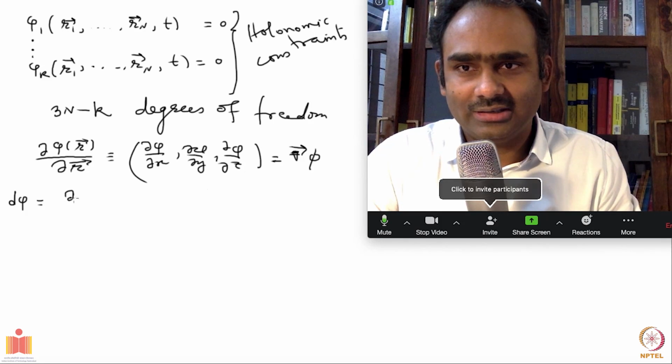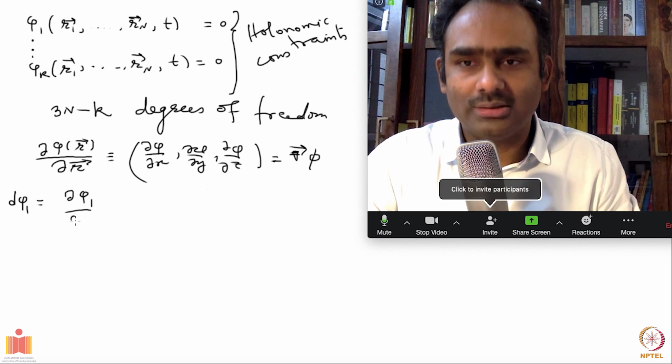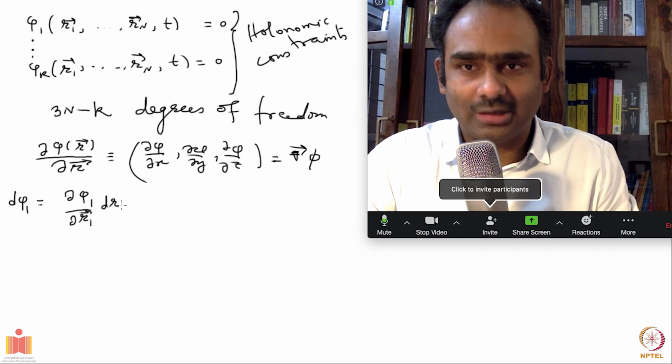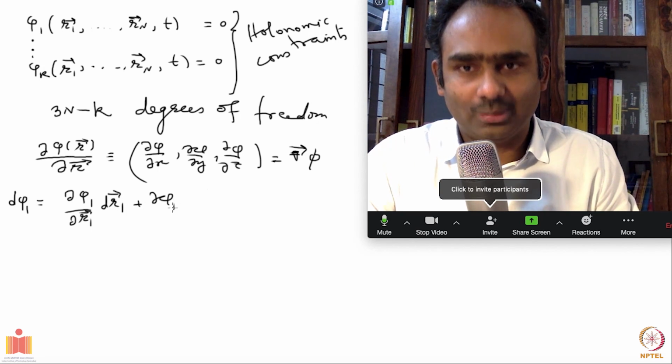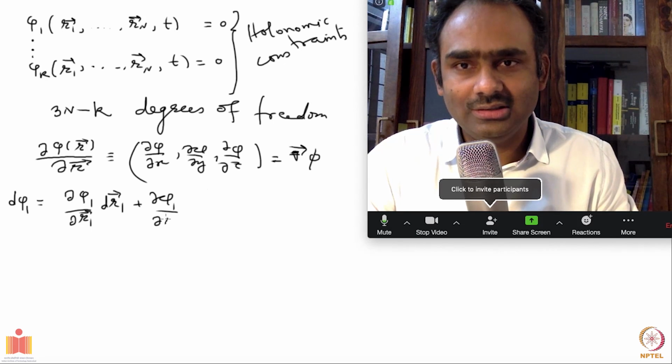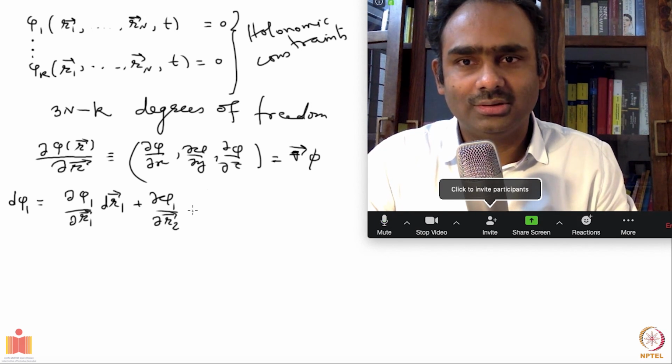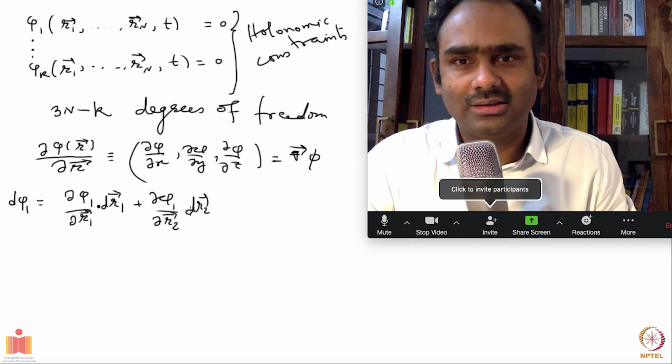So it becomes ∂φ1/∂r1 · dr1 plus ∂φ1/∂r2 · dr2, so I'm looking at the first constraint still. So there have to be dot products here, right? Because you are dotting two vectors.